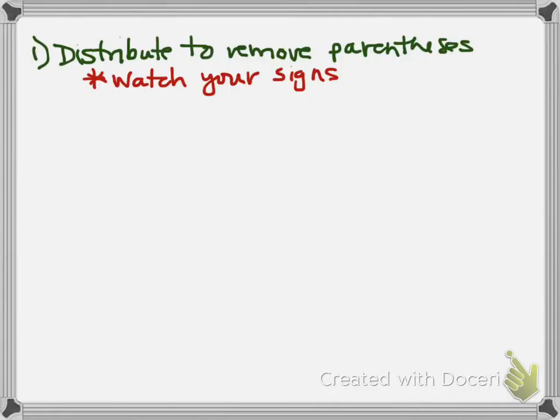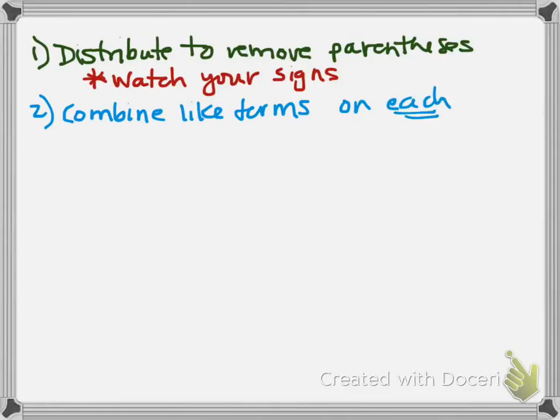All right, so we distributed, we removed parentheses. What did we do next? We combine like terms. And I'm going to write on each side. There may be like terms on the left of the equals. There may be like terms on the right of the equals. So we're going to take care of what's on each side to consolidate.